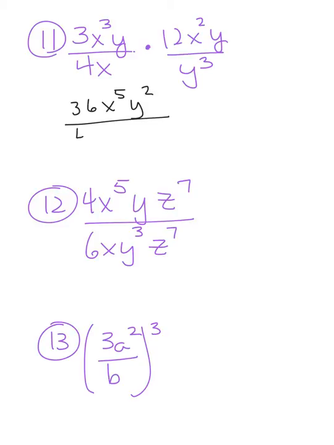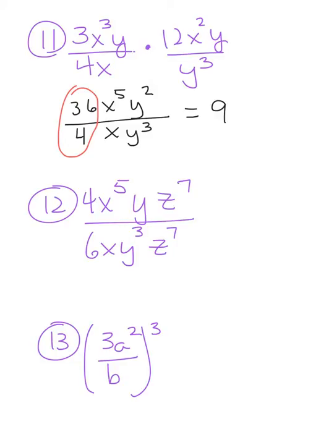So that gives me 4, and I have x, y to the third. So now when I simplify, I do have to be careful. 36 divided by 4, that gives me 9. A lot of students get confused and think you have to subtract because that's your rule with your exponents, but they're just numbers. So that property that you've always done just stays the same. 36 divided by 4 gives me 9.